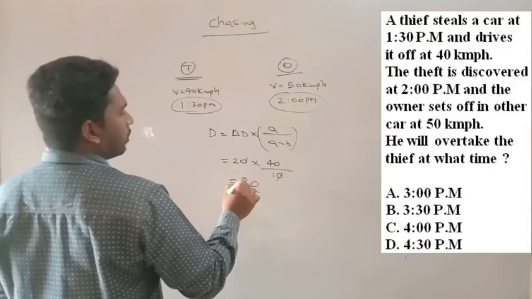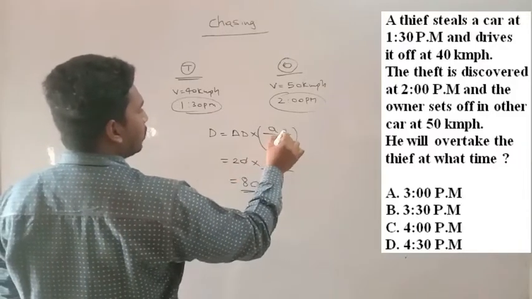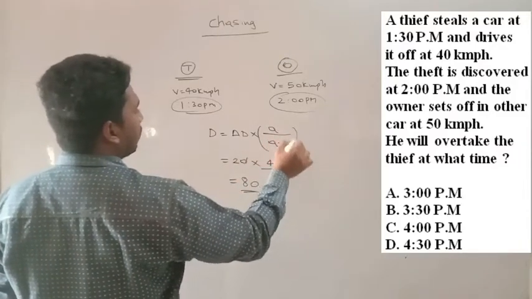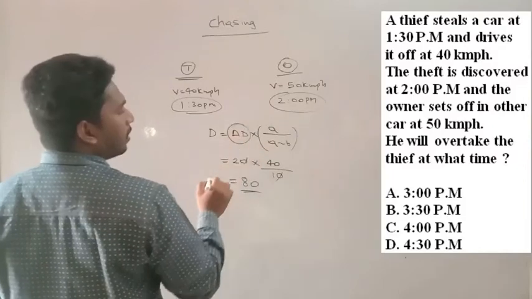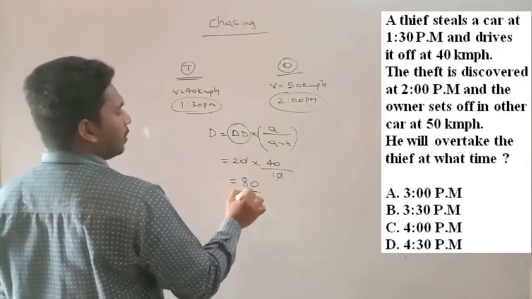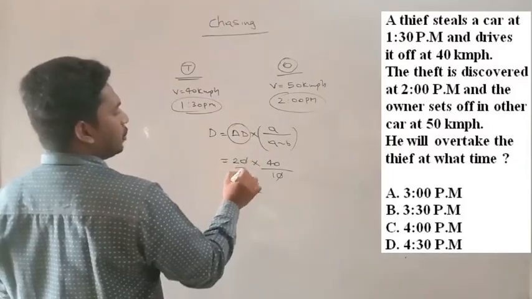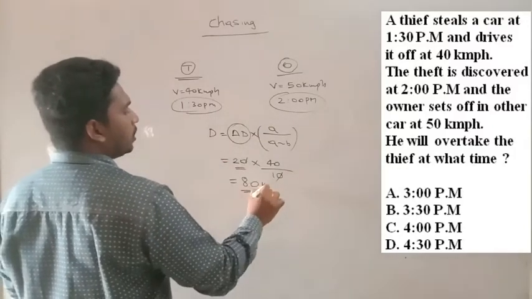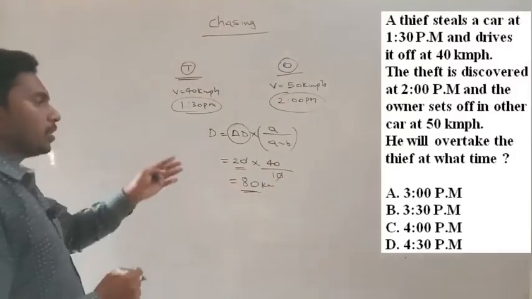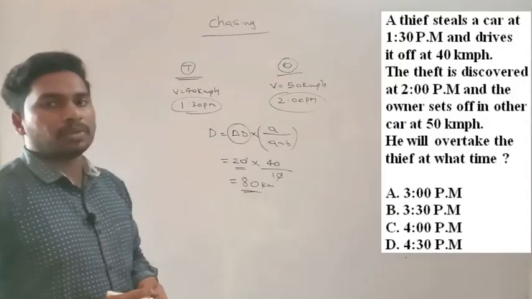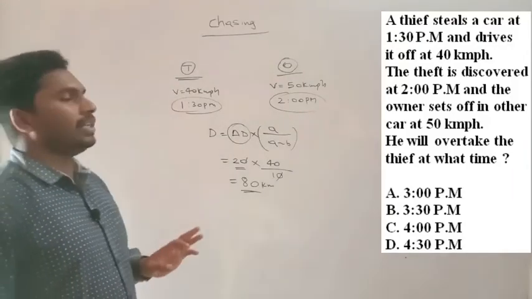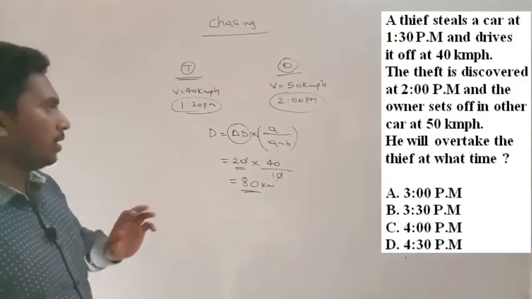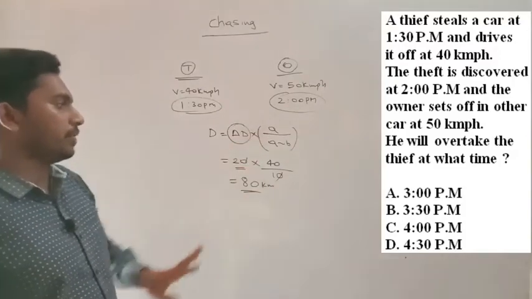So 80 what? Kilometer per hour will get cancelled. Whatever is the unit of this, the same will be for this. Delta d, this 20, is in kilometers, so this will be in kilometers. So after 80 kilometers the thief will be caught, because we have considered the velocity of the thief.